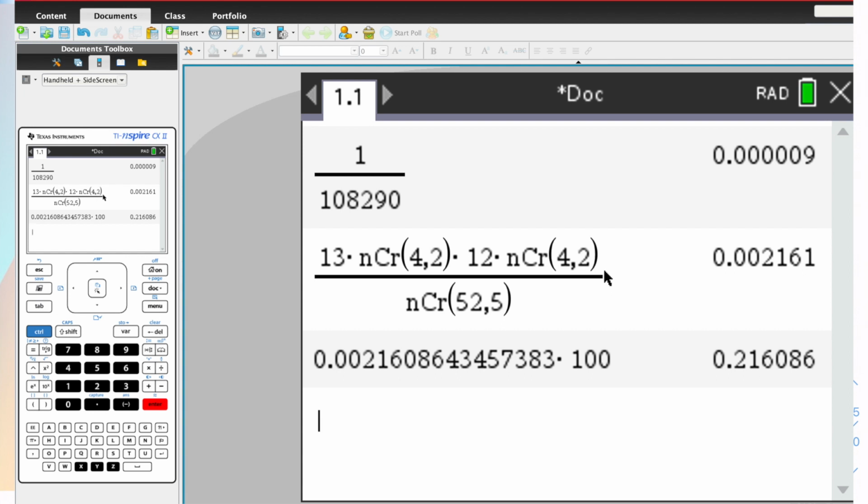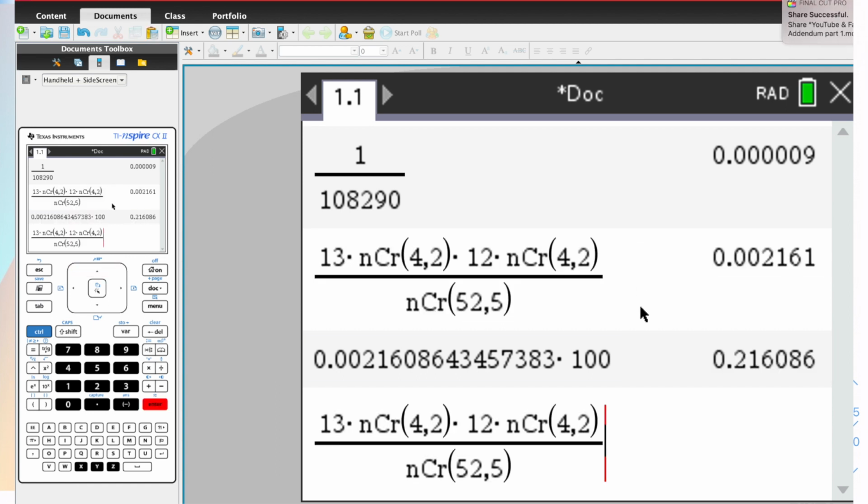Oh, there's something that's missing. My numerator is only saying 13 cards, I want 2 of them. 12 different types of cards, I want 2 of those. Well, how many cards are left if I remove the aces and I remove the 3s? Well, there's 11 times 4 of each kind, or 44. There's 44 of those.